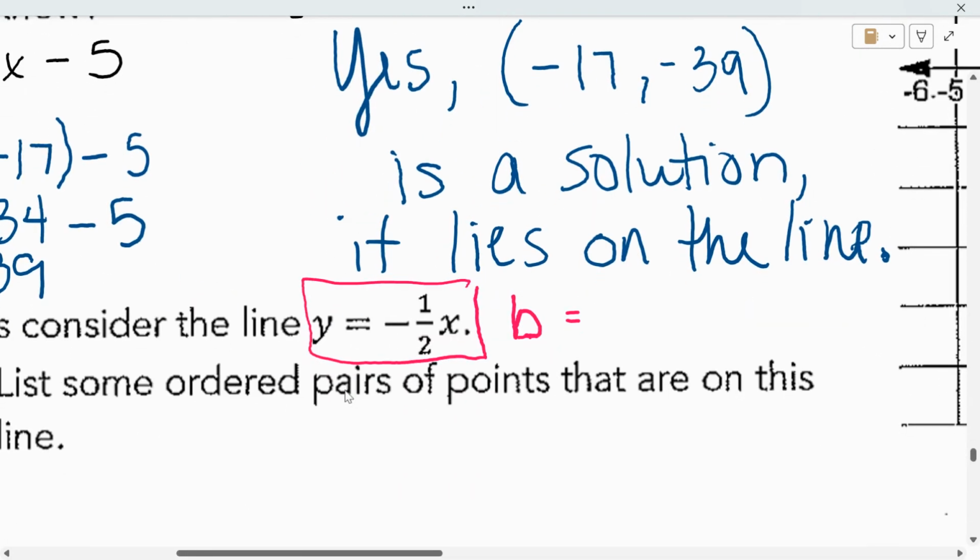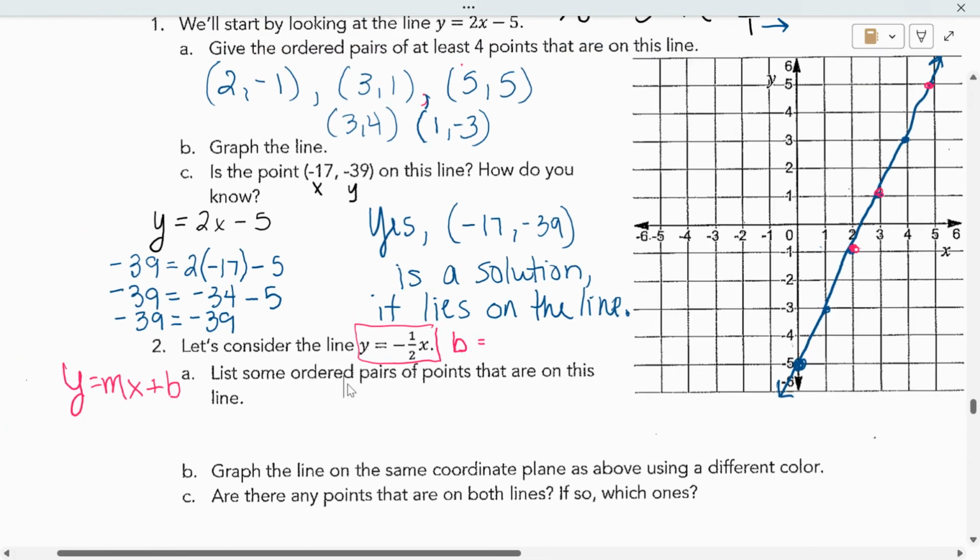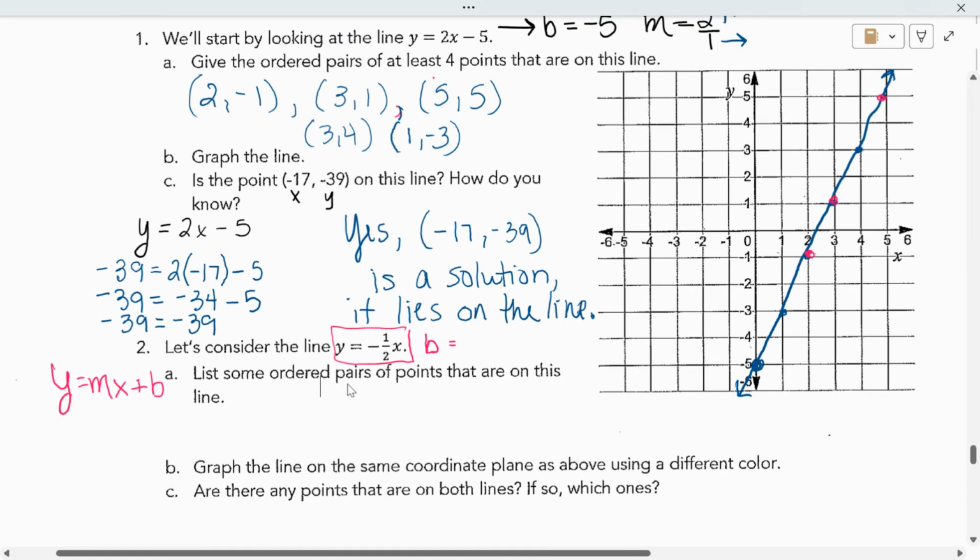Do you see this? Y equals negative 1/2 x. Are we saying plus 1, plus 2, anything like that after it? No. So what does that mean for your y-intercept? Well, you do have one. It's 0, right? Remember, we just don't write plus 0. Your y-intercept is 0. What is my slope, Avery?